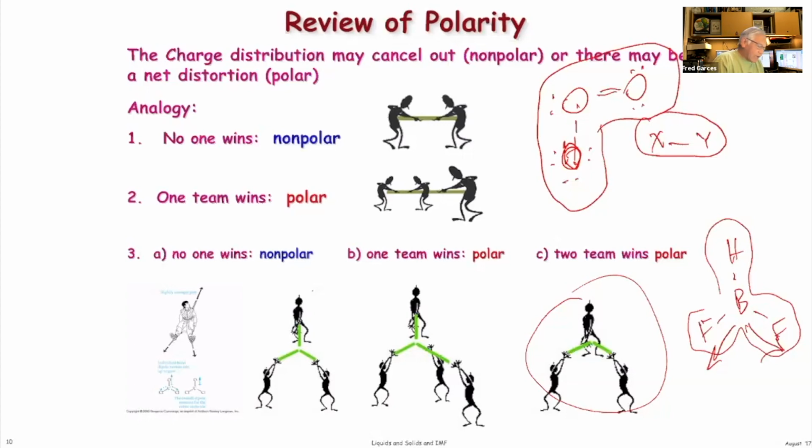Because if you take a look at carbon dioxide, it has carbon, oxygen, and oxygen, and the atoms are different. Carbon has a different electronegativity than oxygen. But it's linear, and so the oxygens, which are pulling the electron cloud away from carbon, negate each other.